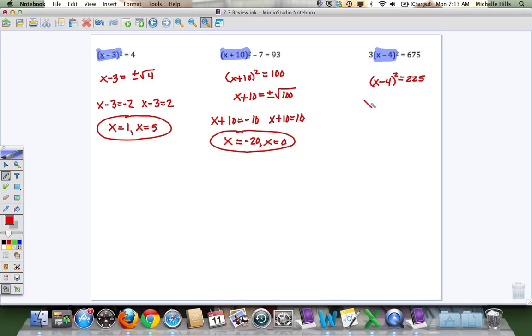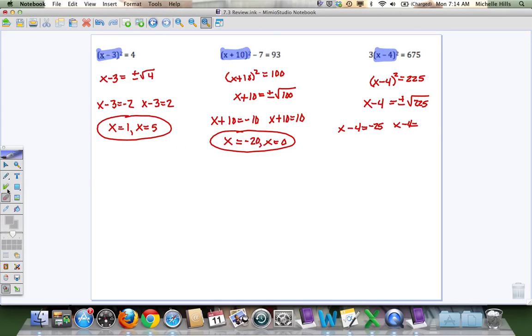Square rooting both sides here gives me x minus 4 equals both the positive and negative square root of 225. So x minus 4 could equal negative 25, and I just did that wrong, for some reason my mind is blank this morning. The square root of 225, I better check that, is 15, not 25.